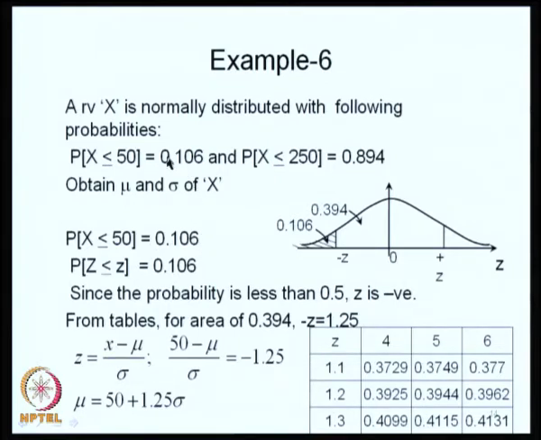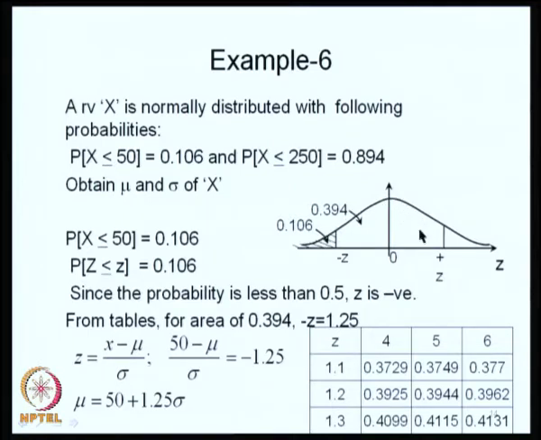0.106, which is this. So, we first convert this into the probability of z being less than or equal to z is equal to 0.106. Since the probability is less than 0.5, the z that we are talking about has to be a negative value of z. So, from the tables we get for an area of 0.394, that is 0.5 minus 0.106, this area is 0.394.